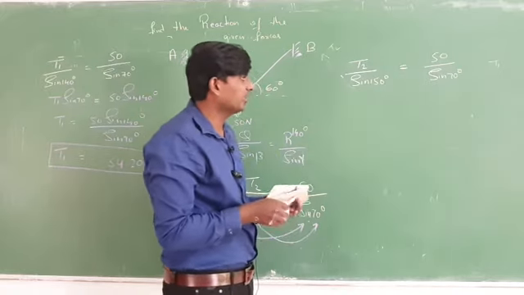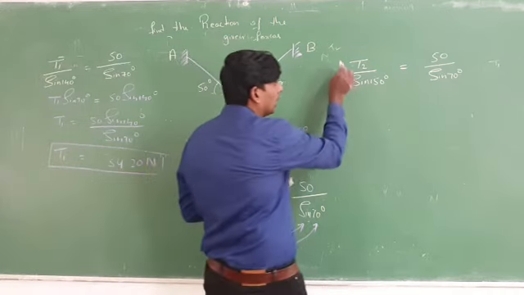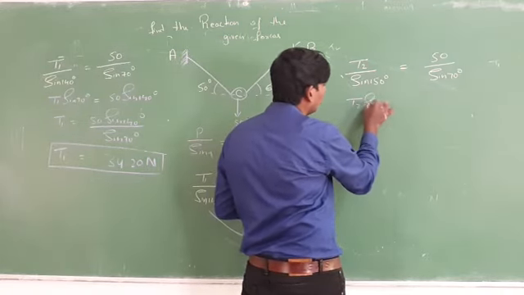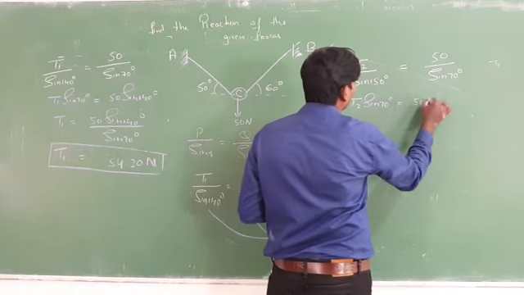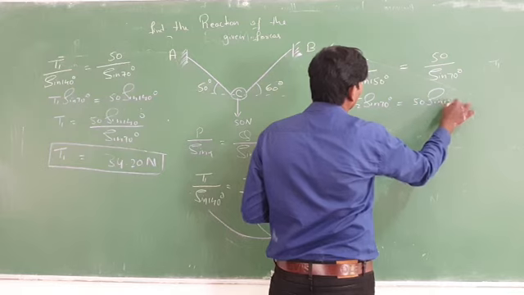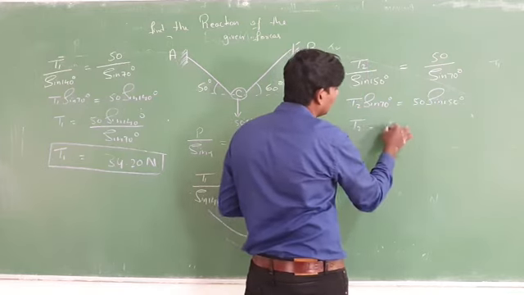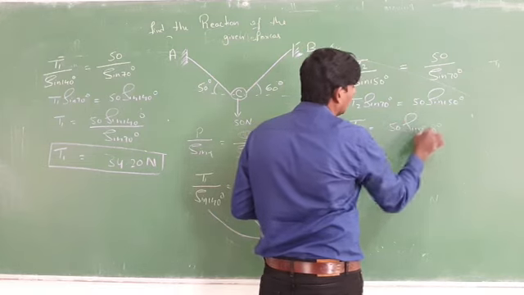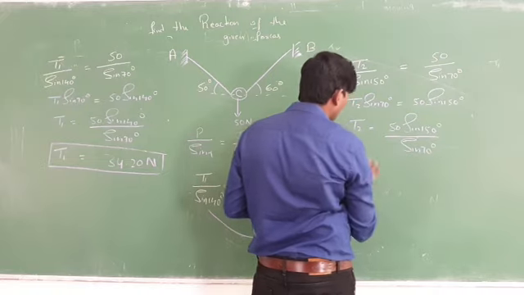Again go for cross multiplication, that is T2 is equal to 50 sin 150 degree by sin 70 degree.